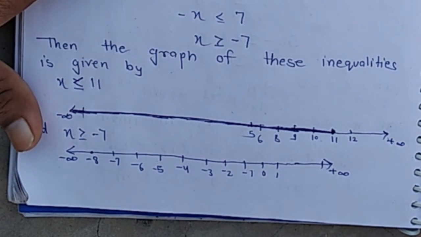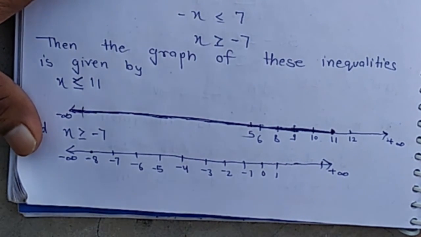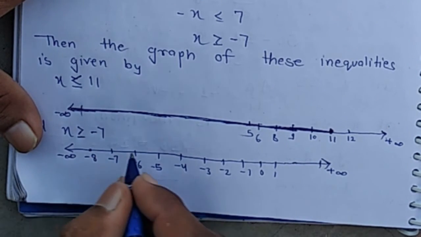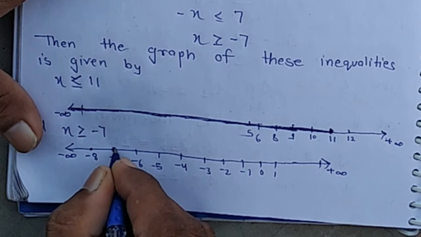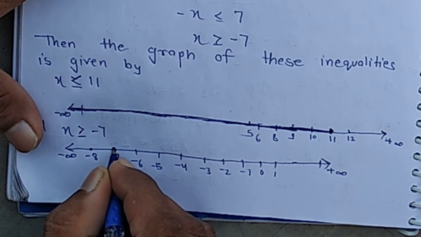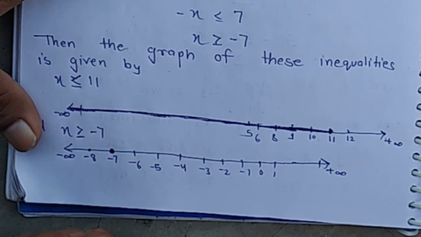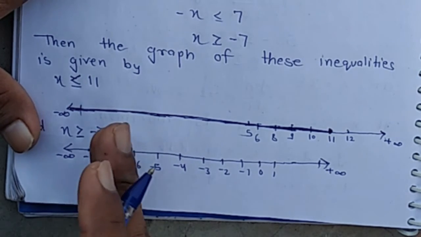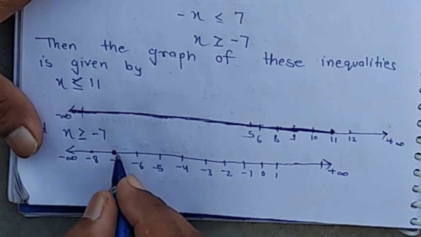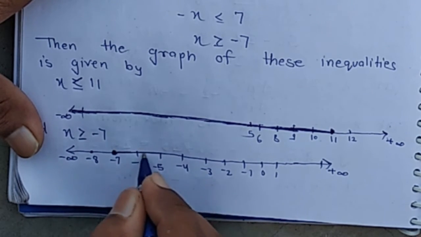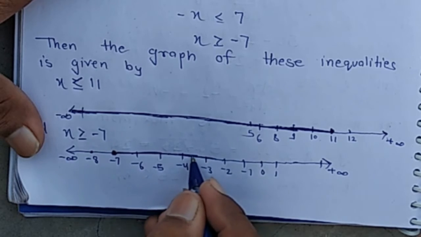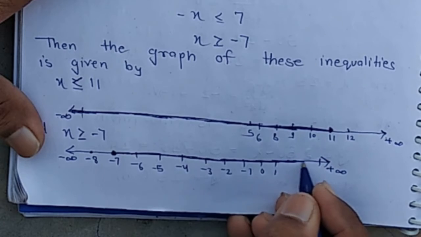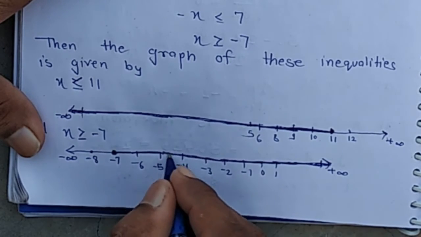Now x is greater than or equal to minus 7 means minus 7 is included because there is an equal sign, and all values greater than minus 7.